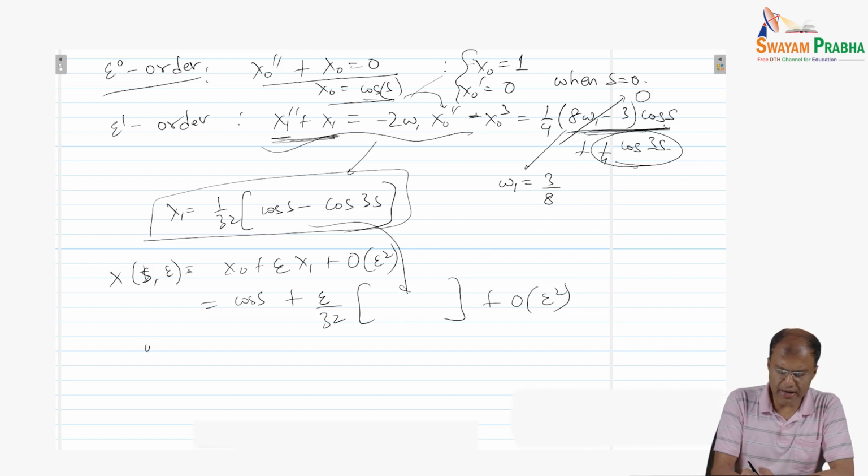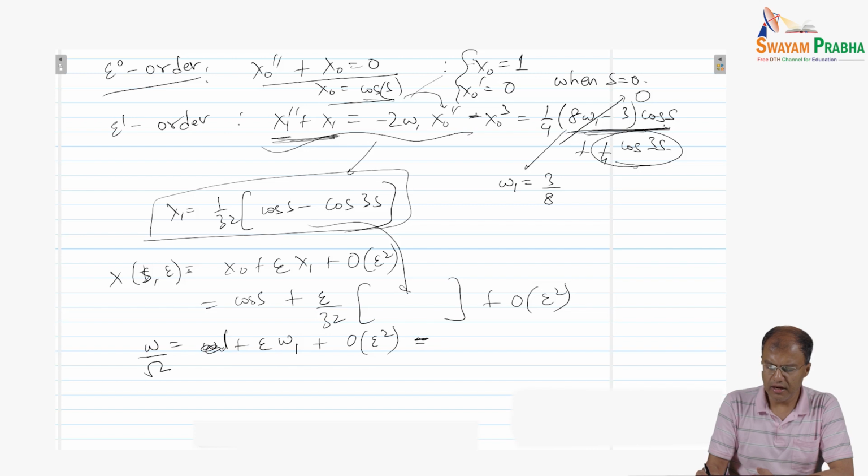And my omega, the angular frequency now is omega 0 plus epsilon omega 1 plus order epsilon squared. Remember, capital omega was 1 plus epsilon omega 1 and so on. So this we have found out to be equal to 1 plus 3/8 epsilon plus order epsilon squared, right?